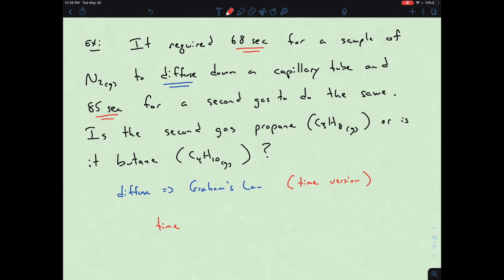So with the time version, we could say the time for molecule B, which we'll call time B, over the time for our nitrogen gas would be equal to the molar mass of gas B over the molar mass of the nitrogen gas.